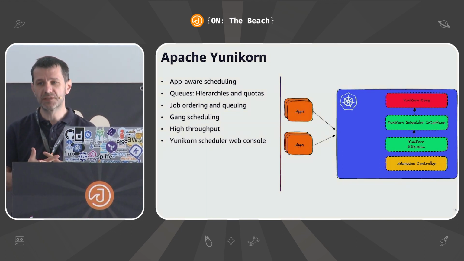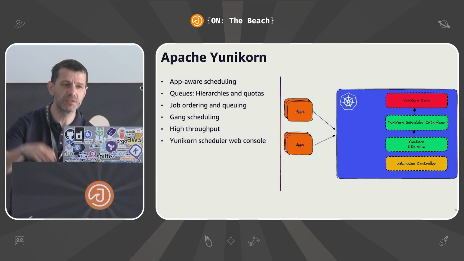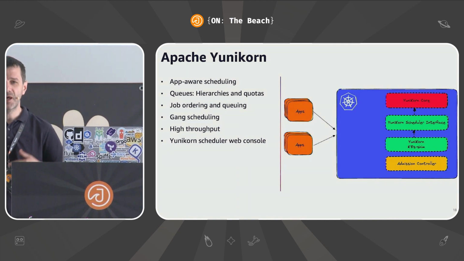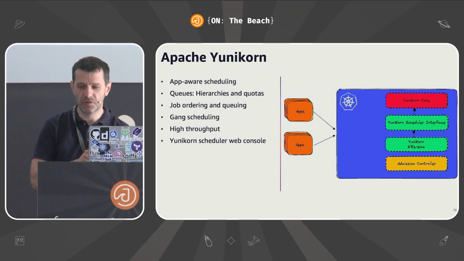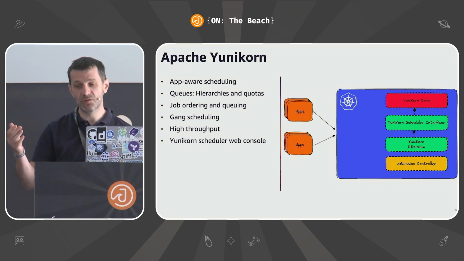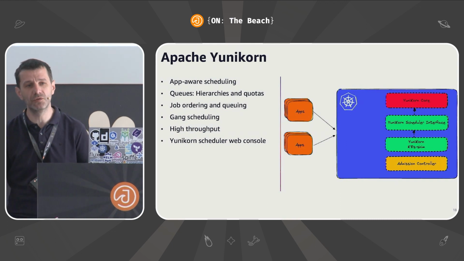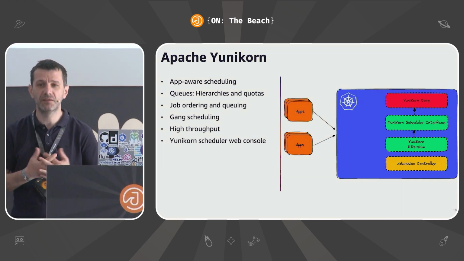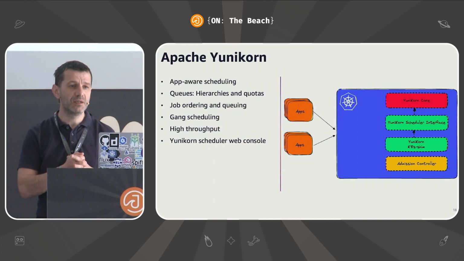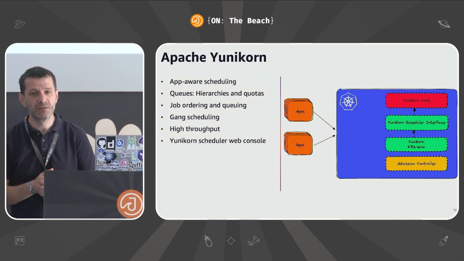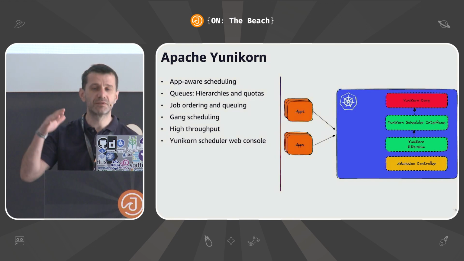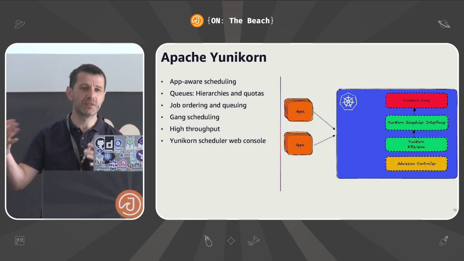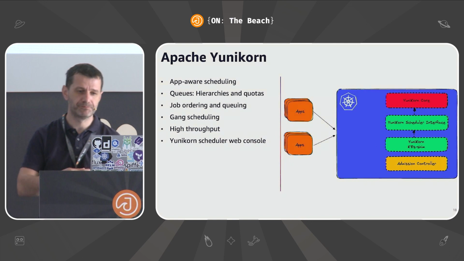To use it is very simple because you just use annotations in the applications, and that will trigger using Apache Unicorn. You can also assign queues and priorities, and more than that, it knows about multi-tenancy. So different teams working on the same cluster can schedule workloads independently.